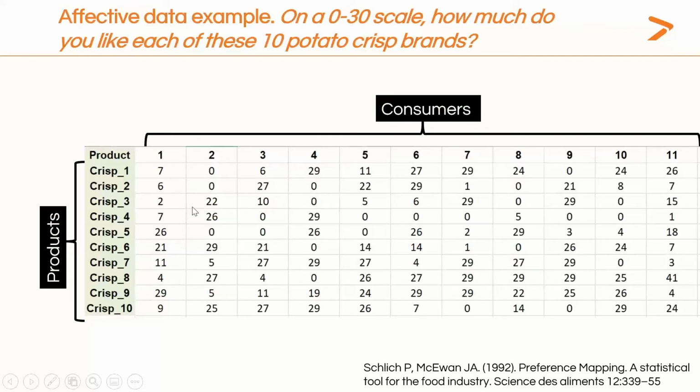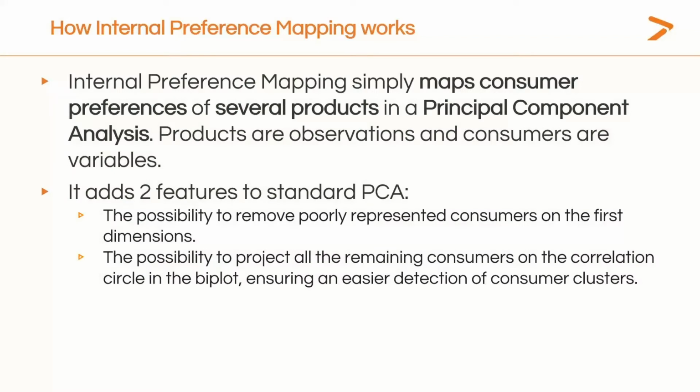We'll be using instead specific methods that allow summarizing the information from big data sets into smaller data sets. And among these techniques, there is PCA. And guess what? Internal preference mapping is based on PCA, or principal component analysis.